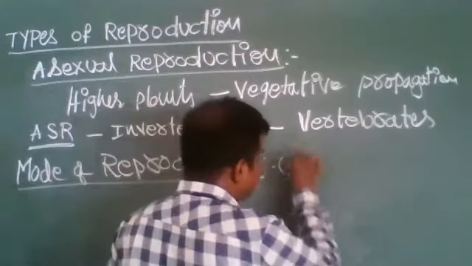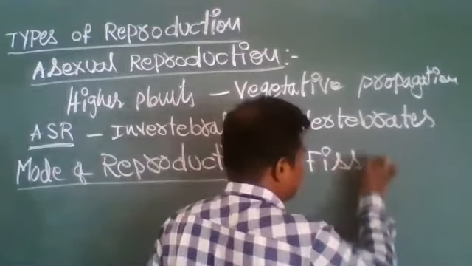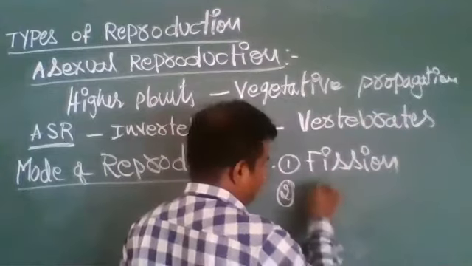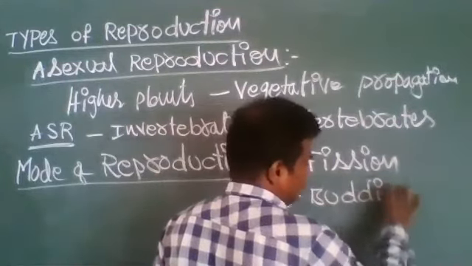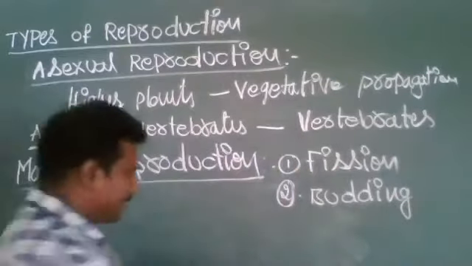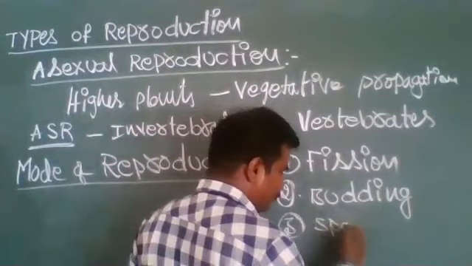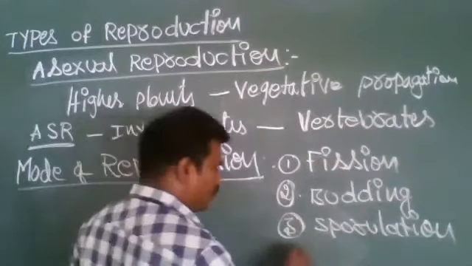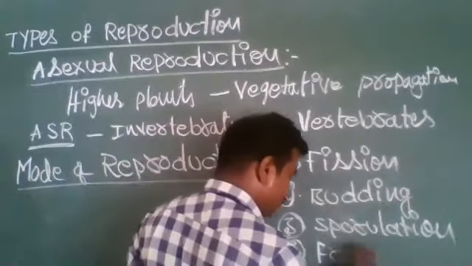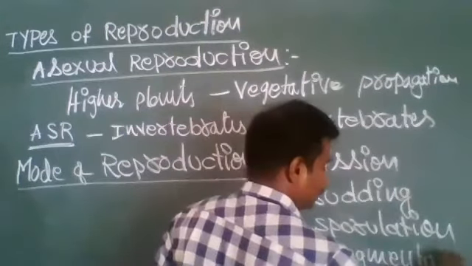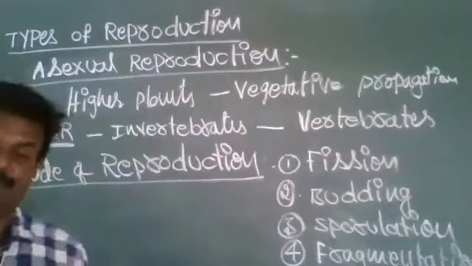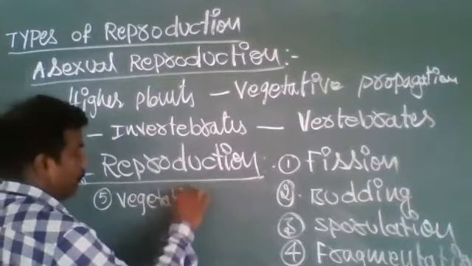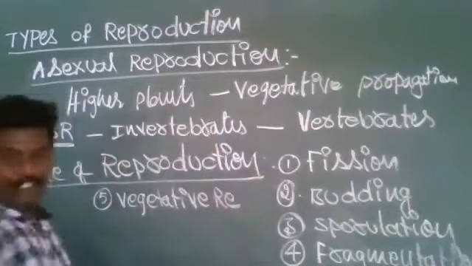The first one is fission, the second is budding, the third is spore formation, the fourth is fragmentation, and the fifth is vegetative reproduction.